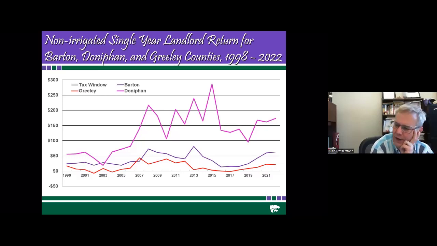Then you look in the western part, and essentially there you have less variability, but the numbers are very low, and in some cases the individual years actually end up being negative simply because of expenses and prices and income. And so in some respects, the process from a state perspective is set up to deal with the extremely different variability from county to county.